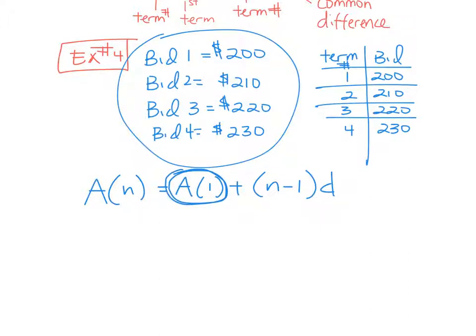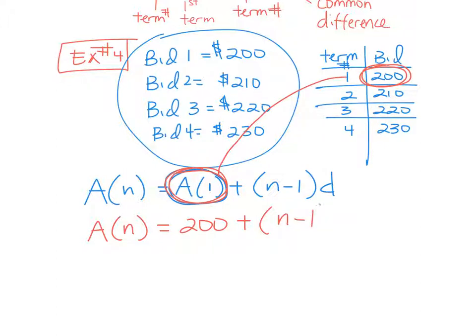The 200, right? We said this was our first term, and if you look up here, my first term is 200. So when you rewrite this, you're going to rewrite it A of n equals 200 plus n minus 1, because we don't know our term number yet. We're still trying to come up with just the regular formula.